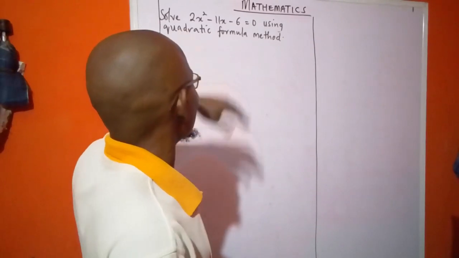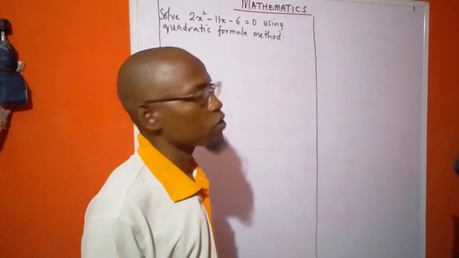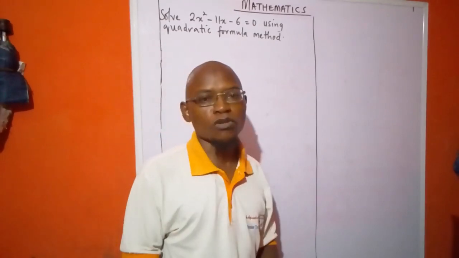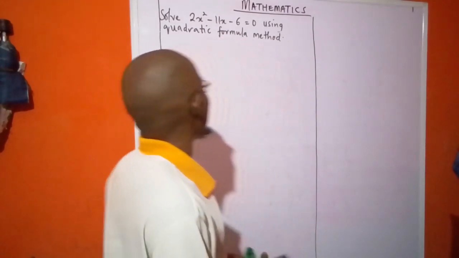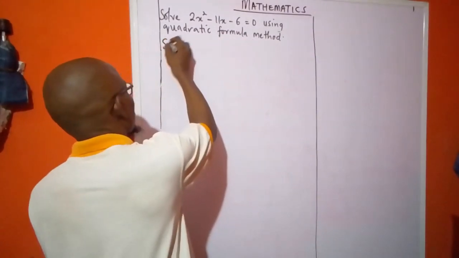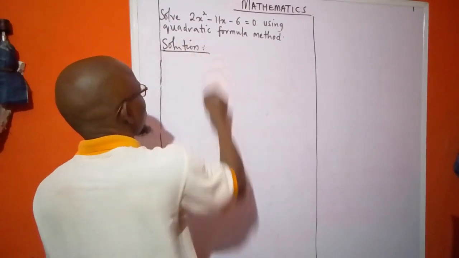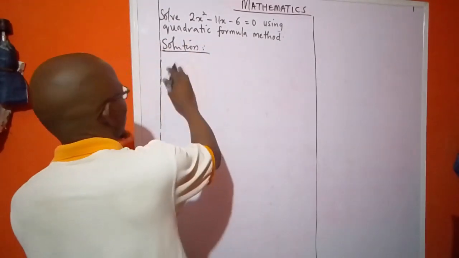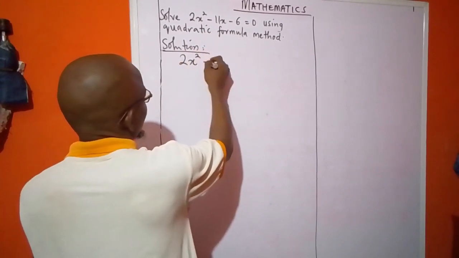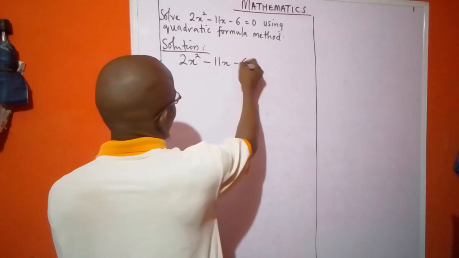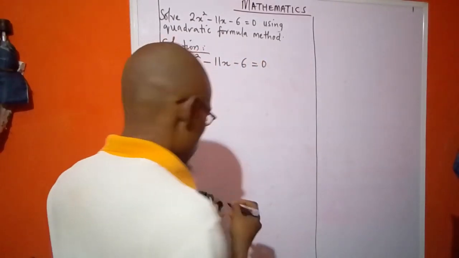So we are asked to solve 2x squared minus 11x minus 6 equals 0 using the quadratic formula method. And what does the quadratic formula say?